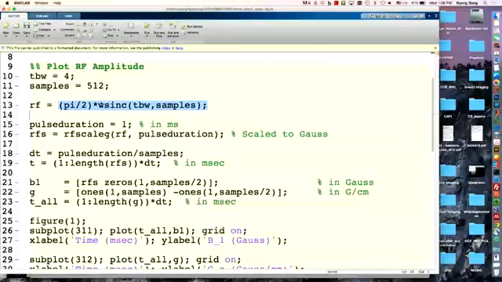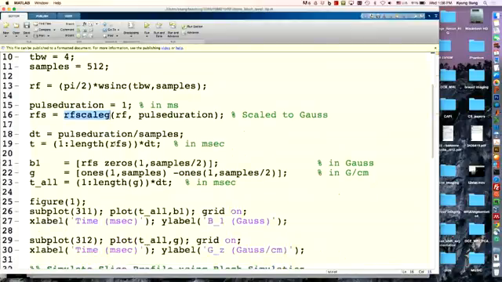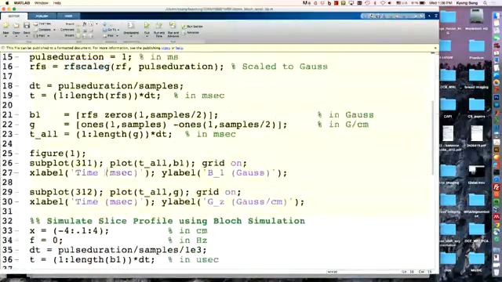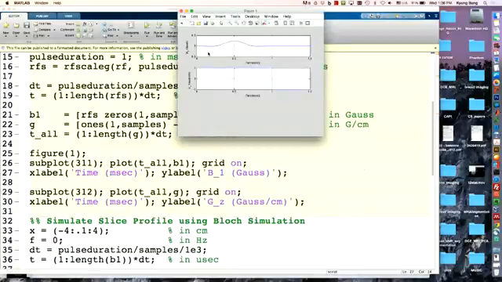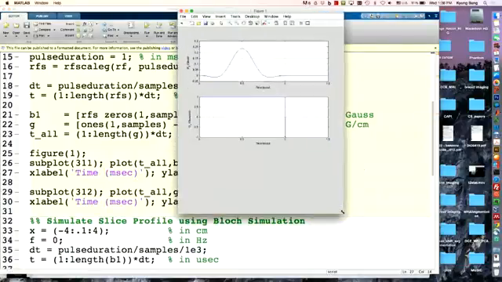This is basically the integration of B1, which is equal to pi over 2, and the pulse duration is 1, and then just making gamma, the gamma over 2 pi constant value, to get the right units. And then this is creating all this B1, the gradient field, and the time information, and that's it. So this will show what your RF pulse shape is.